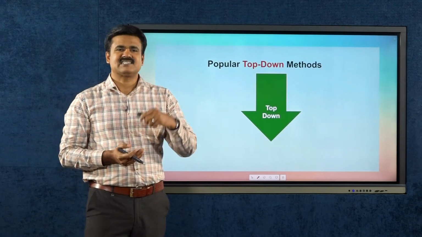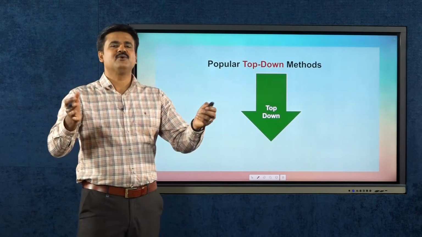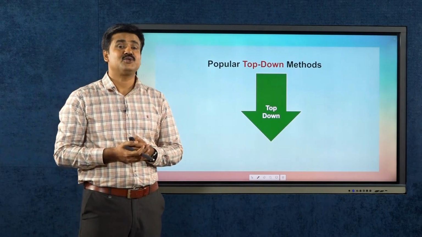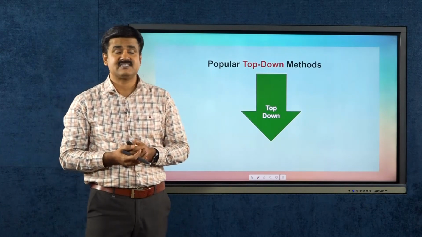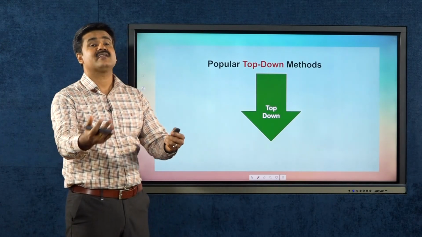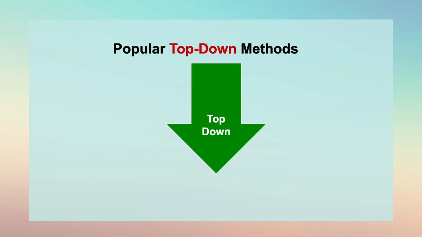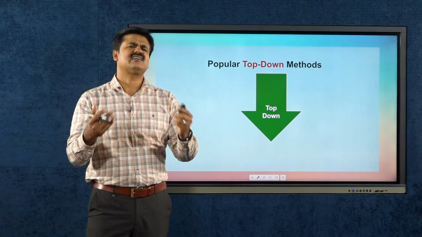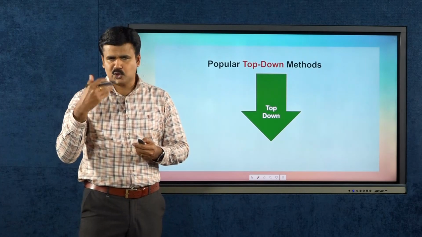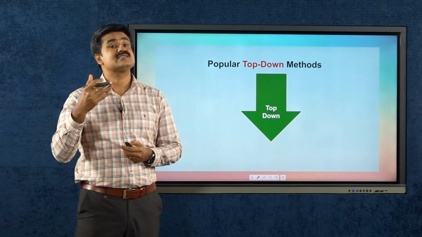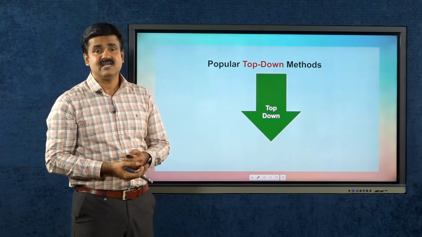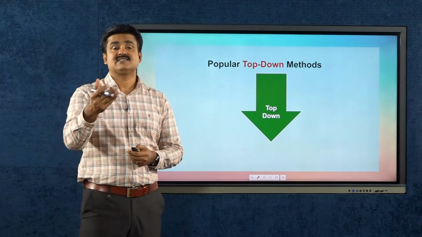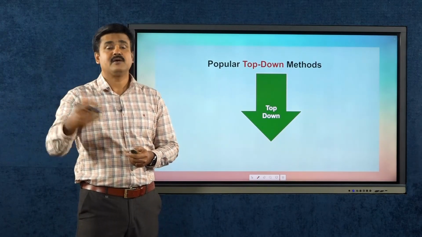And as I mentioned earlier, this module is especially intended to discuss popular top-down methods with their characteristic features. So, I am entering into that title, popular top-down methods. What are the various top-down methods? There are so many top-down methods for the synthesis of nanomaterials. We can have a glimpse of some popular ones.